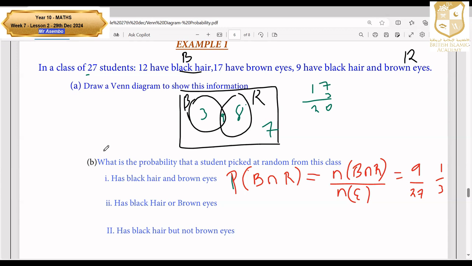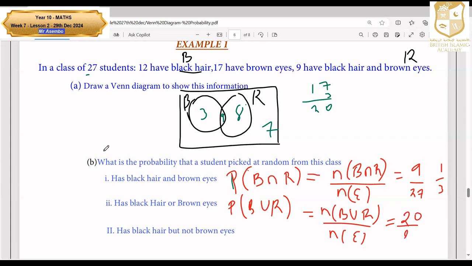So it is simply B union R. The likelihood of picking such a student is the cardinality of B union R divided by the universal set. B union R is 20, so we found it is 20 out of 27. There's no number to simplify it, so that remains our answer.